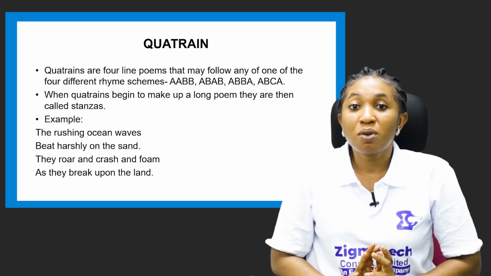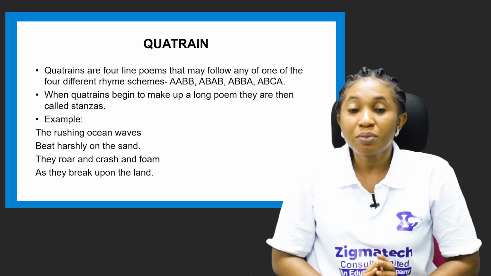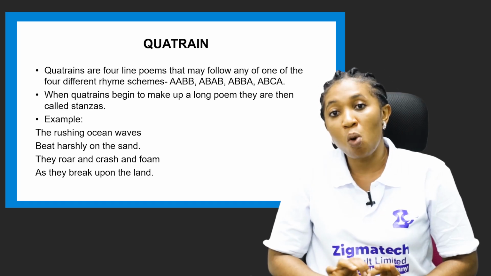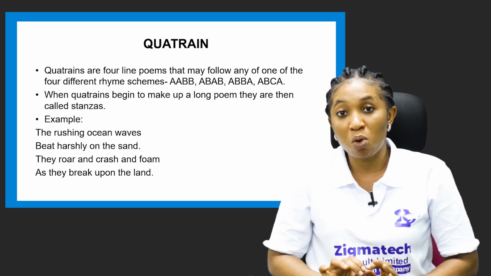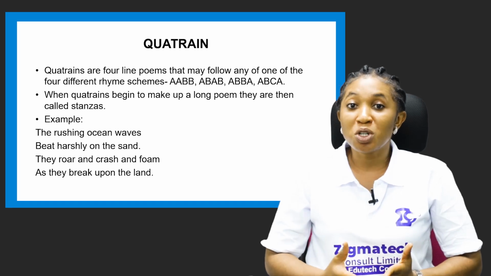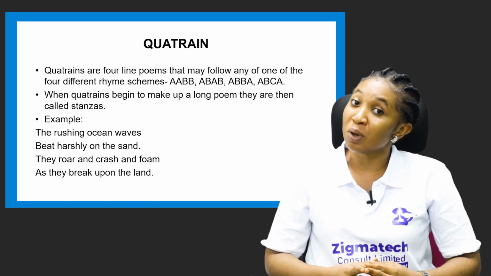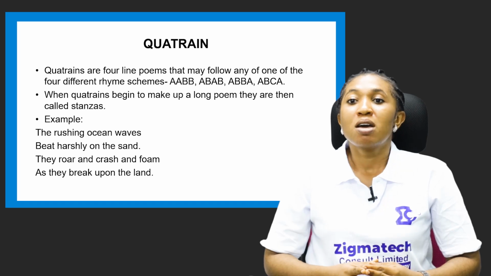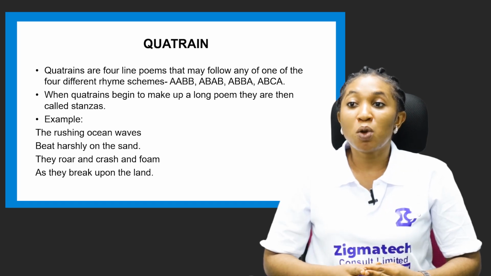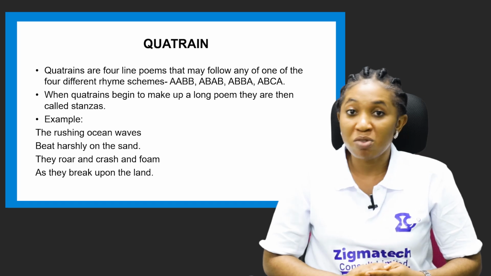Moving on, we have quatrain. From the word quart, you will know that a quatrain is simply a poem that has 4 lines. Okay? Quatrains are 4-line poems that may follow different rhyme schemes.